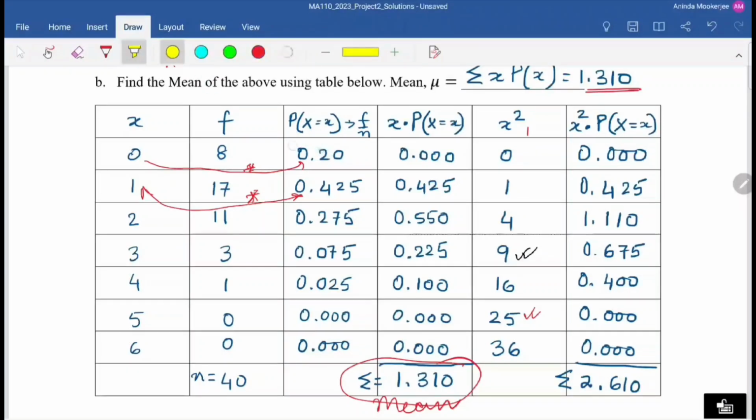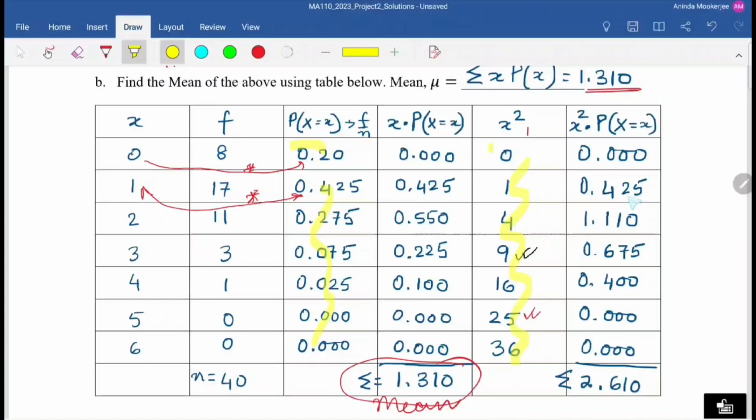It's this column multiplied by this column here. So 0 times 0.2 is 0. 0.425 times 1 is 0.425. Again, please keep your decimal values to the third decimal place.